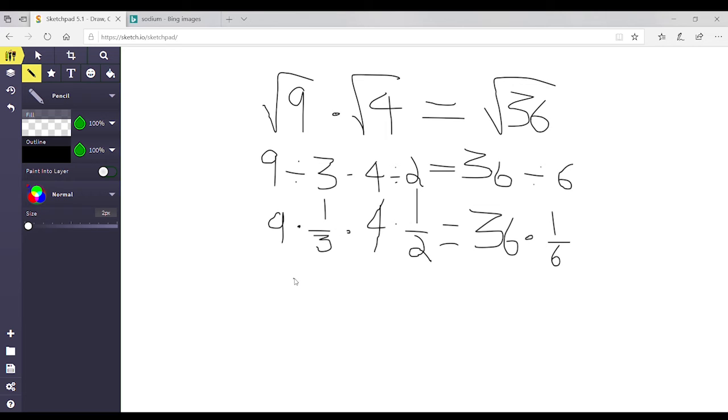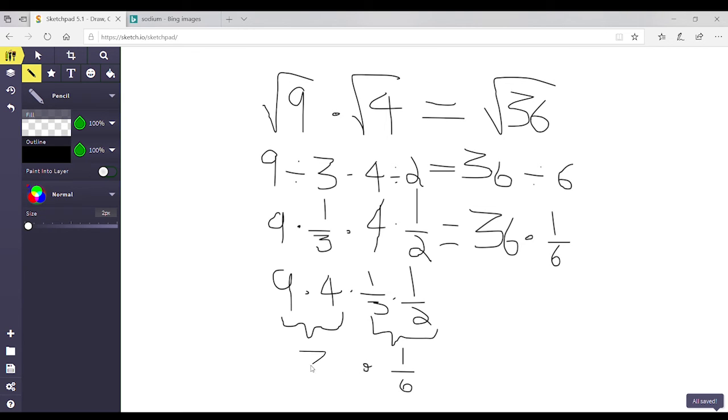Now, this can also be rewritten as 9 times 4 times 1/3 times 1/2. Now, if we put these two together and these two together, it's going to be 1 over 6 times 36. What do you know? It does equal this.